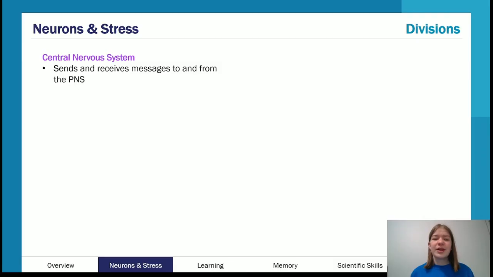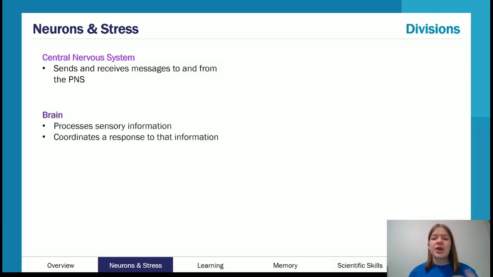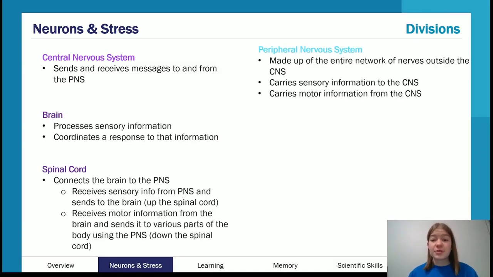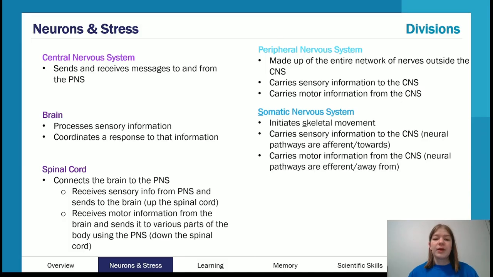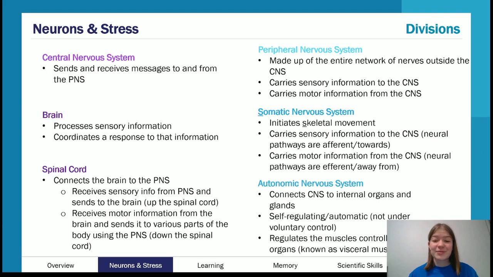When we look at our different divisions, we can see that they have these different roles. It's all in here, again remembering sensory information for the somatic nervous system, and the role of our autonomic nervous system.